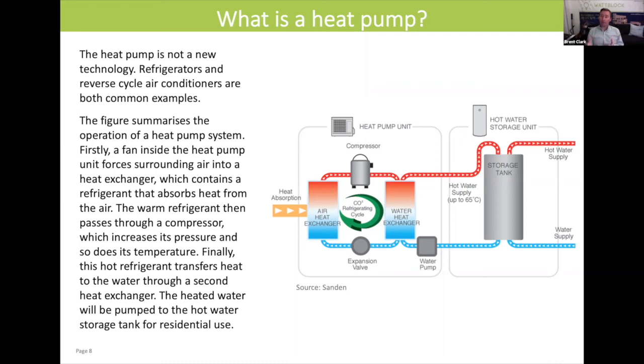While they're a little bit more expensive up front, the payback over 10 or 15 years gives you a lot of saving. So you could expect to get your payback on a heat pump system maybe within 3 to 4 years. And after that, you're just making money.